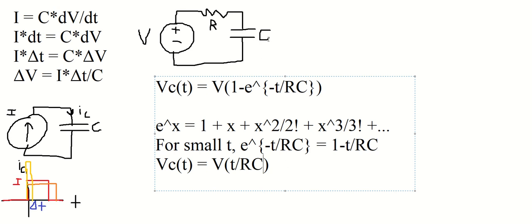The way we set up this problem is that we turned on this voltage source at time t equals 0, and the capacitor started with 0 voltage across it. So that means that Vc of t, since we started with 0 voltage, we could also write as just delta Vc of t if you wanted to be specific.